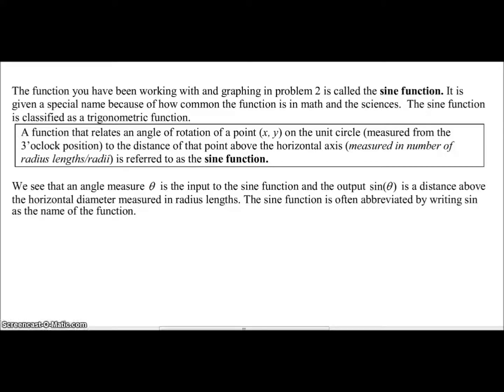A function that relates an angle of rotation of a point xy on the unit circle measured from the 3 o'clock position to the distance of that point above the horizontal axis measured in number of radius lengths is referred to as the sine function. We see that an angle measure theta is the input of the sine function, and the output, sine theta, is a distance above the horizontal diameter measured in radius lengths. The sine function is often abbreviated by writing sine as the name of the function.